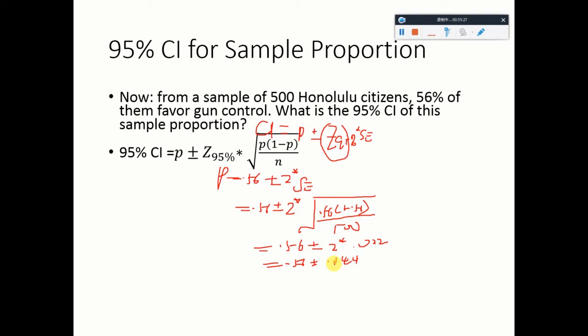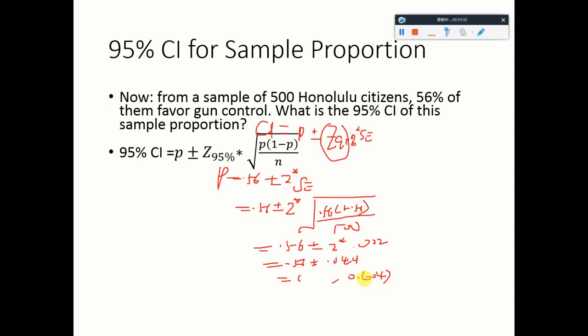Okay, so 0.044 plus 0.56, the interval will be, this is 0.56 plus 0.044. That will give us 0.604.